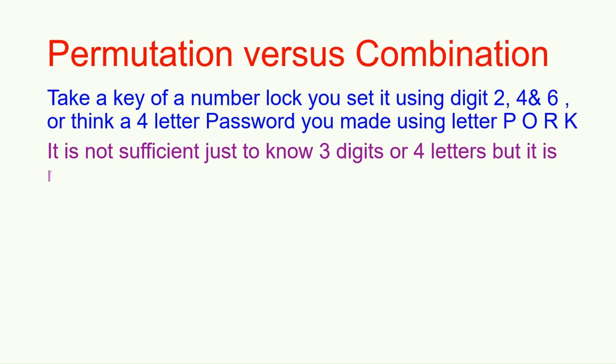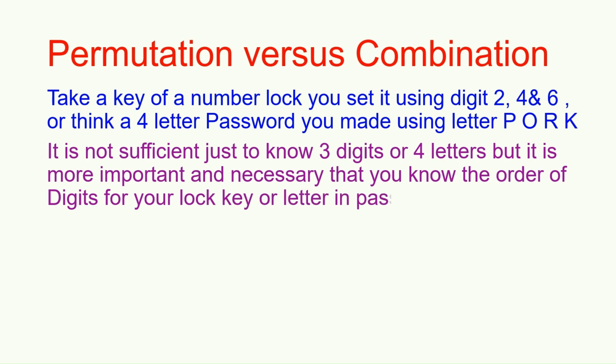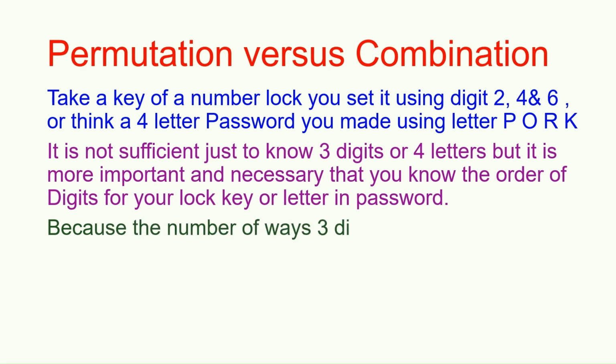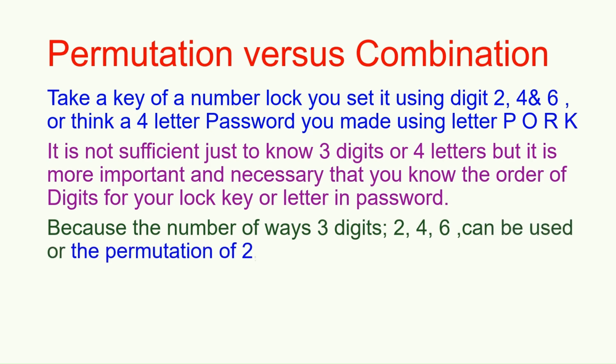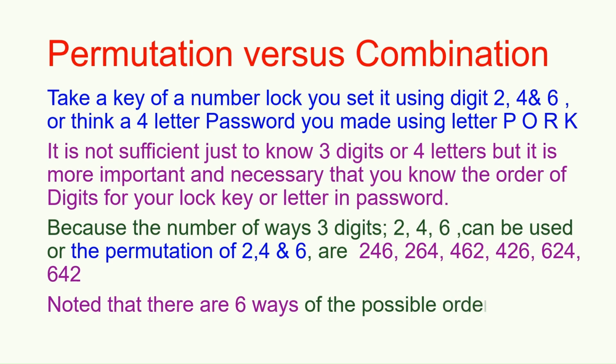You know it is not sufficient just to know 3 digits or 4 letters, but it is more important and necessary that you know the order of digits for your lock key or letters in the password. The permutations of 2, 4 and 6 are 246, 264, 462, 426, 624, 642. You have noted that there are 6 ways of the possible order, or the permutation equals 6.